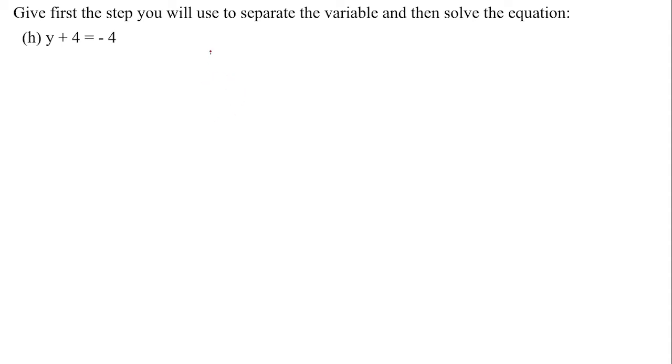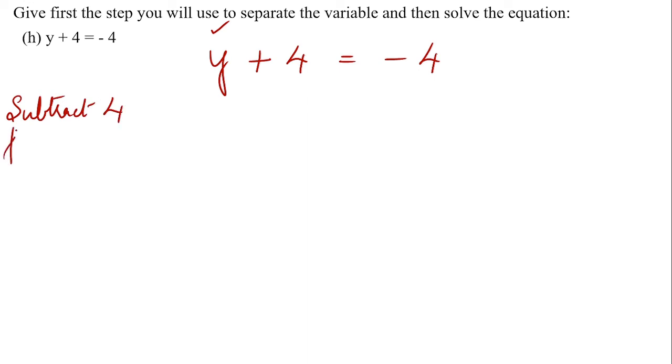Over here, y plus 4 is equal to minus 4. So unknown number is y. On its side you have plus 4. That means to say you have to subtract 4 from both the sides of the equation.